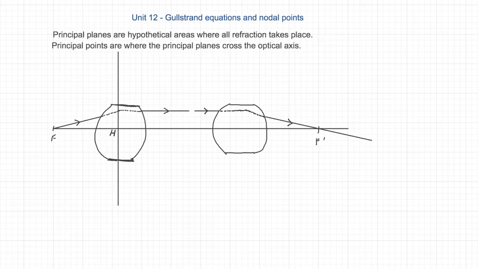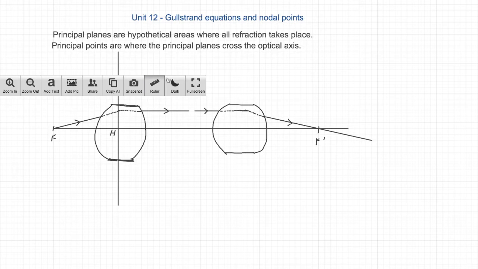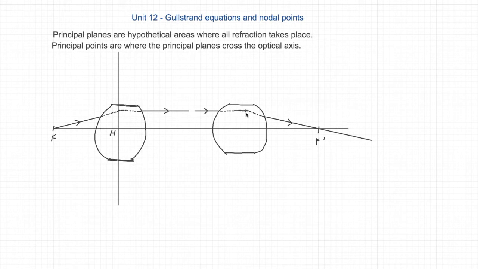If we sent in other parallel rays, they would all meet at the same plane. And where the secondary principal plane crosses the optical axis, that is the secondary principal point, or H prime.